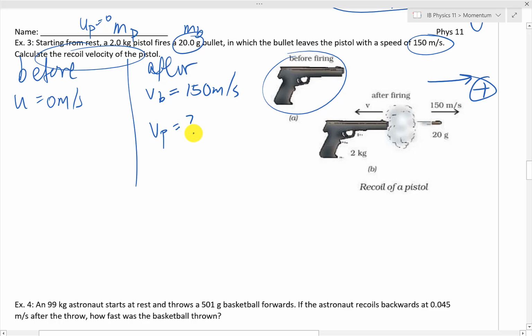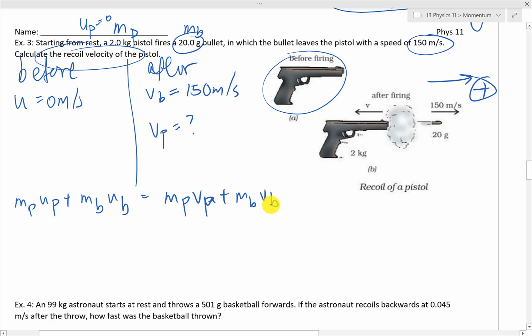So going back to conservation of momentum, we have mass of the pistol times its initial velocity plus mass of the bullet times its initial velocity equals the momentum after.